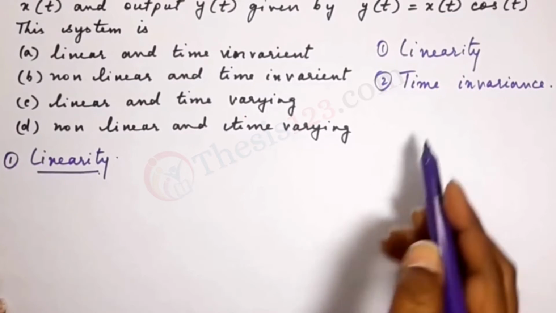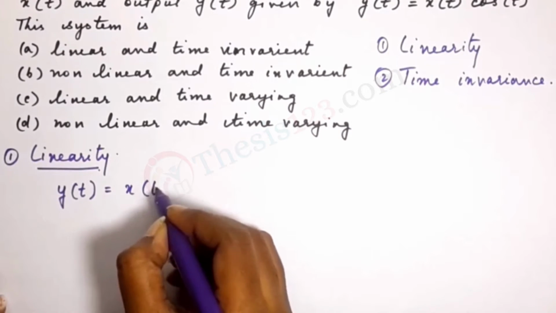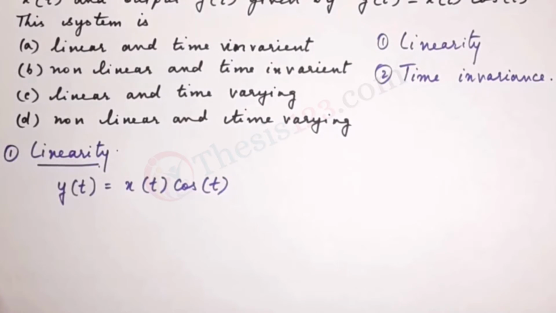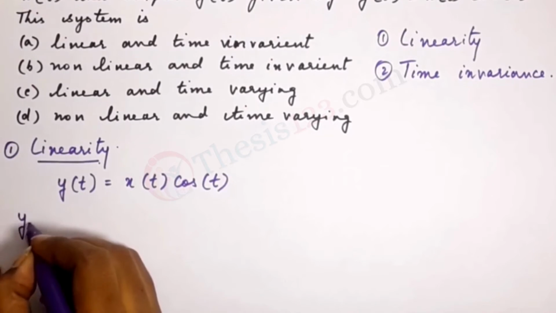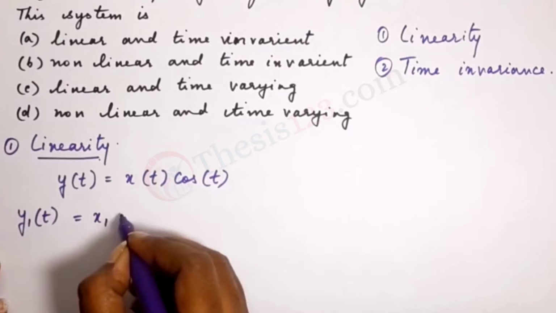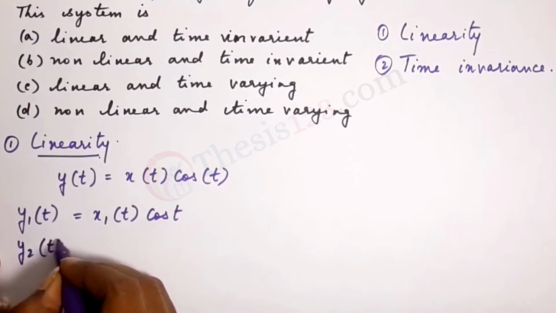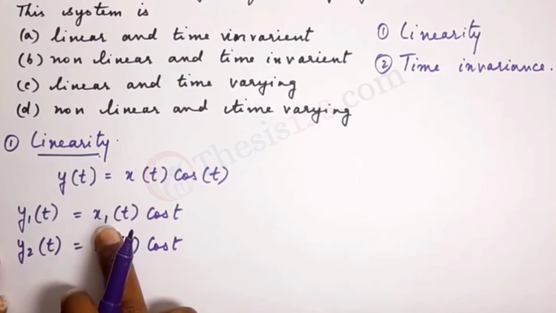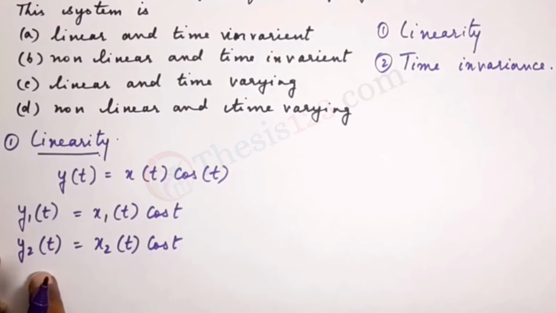Linearity property. The function given to us is y of t is equal to x of t cos t. In order to see if this equation is additive, let's take two conditions. y1 of t is equal to x1 of t cos t, and the second is y2 of t is equal to x2 of t cos t. x1 of t corresponds to y1 of t, x2 of t corresponds to y2 of t.